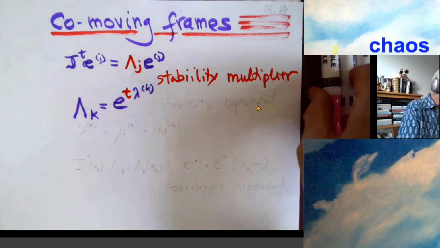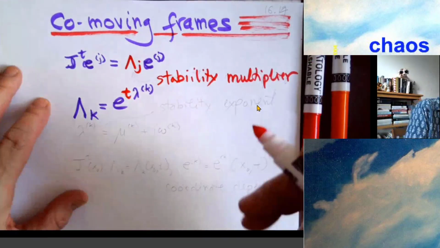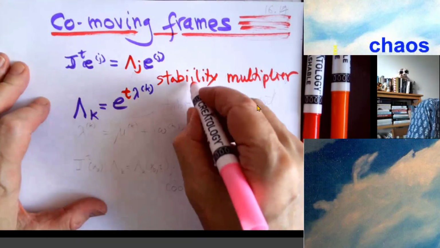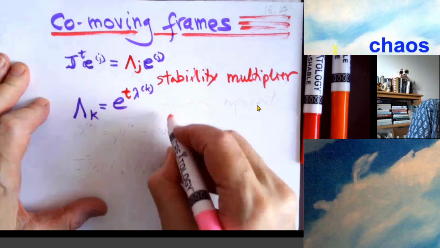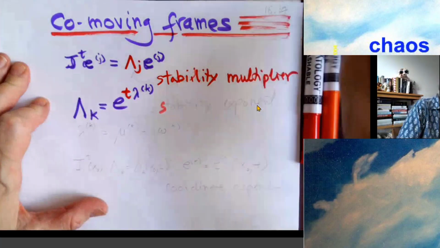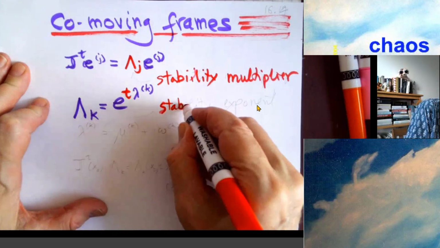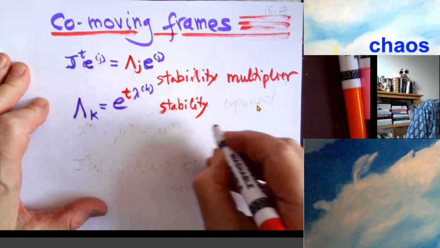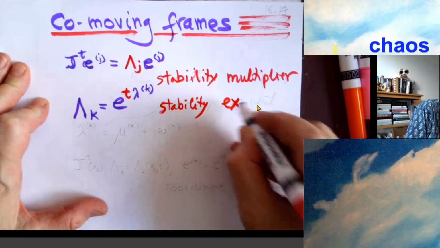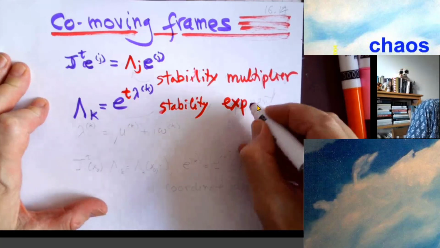So you find out that what you really want to do is not look at stability multipliers, but stability exponents, or rates of growth.